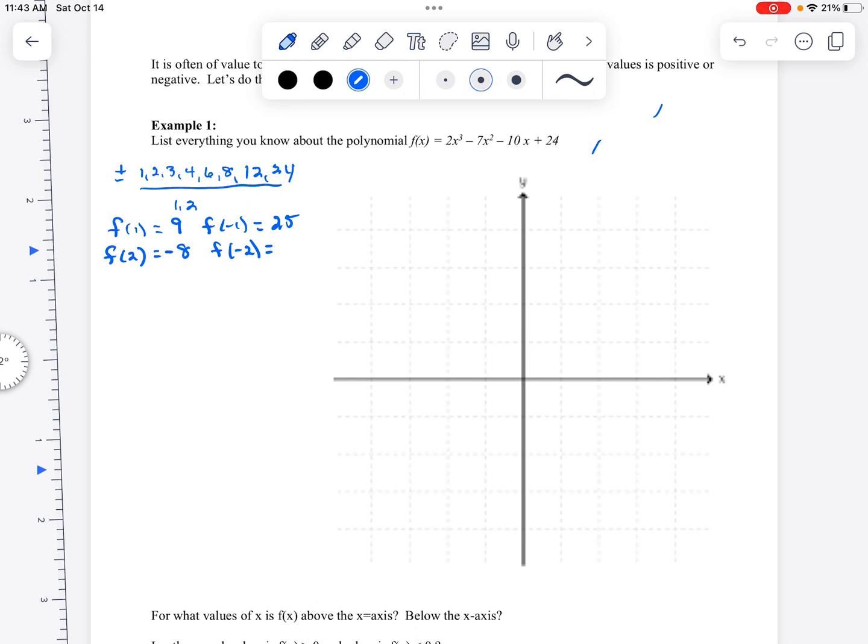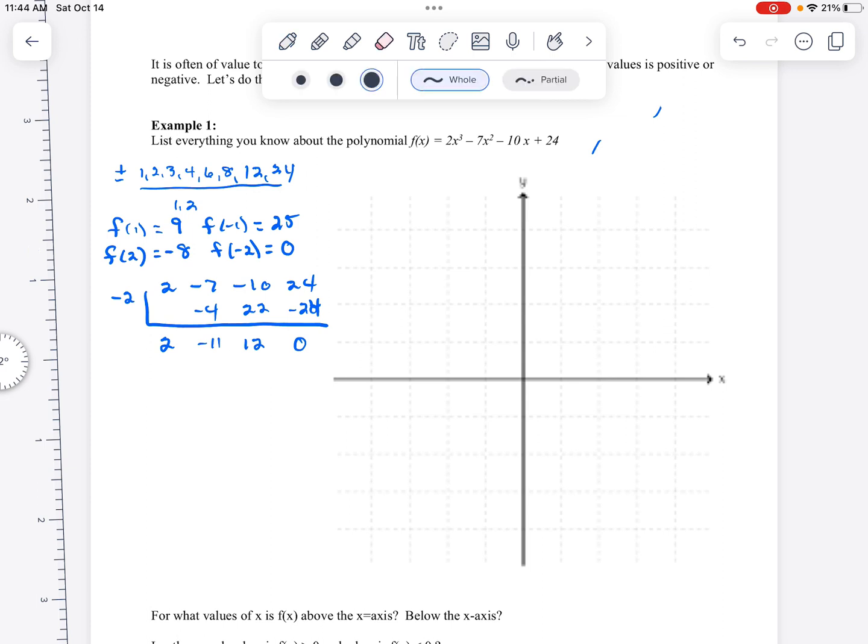Negative 2. Negative 16. Negative 28. Plus 20. Plus 24. Oh, there's my 0. So I have a 0 at negative 2. I have 2, negative 4, negative 11, 22, 12, negative 24, 0.